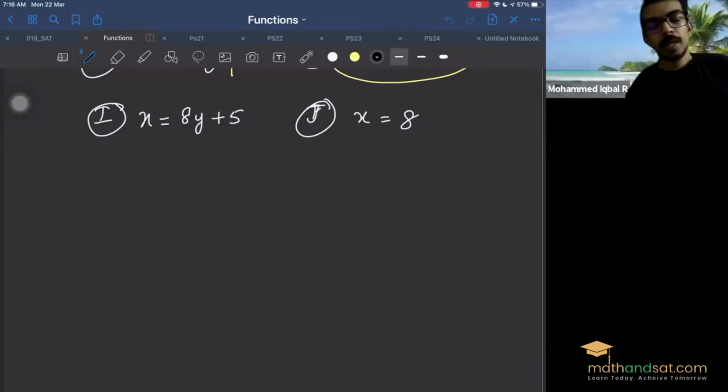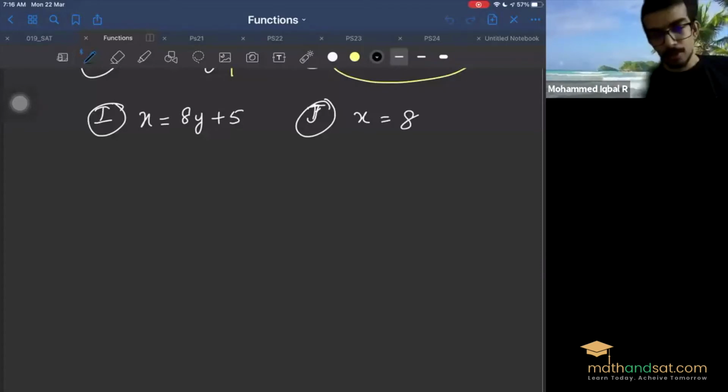In that Heart of Algebra area, we have already seen linear equations and linear inequalities in one variable. Now we have come to linear functions and their graphical representation. They ask a lot of questions from this area.